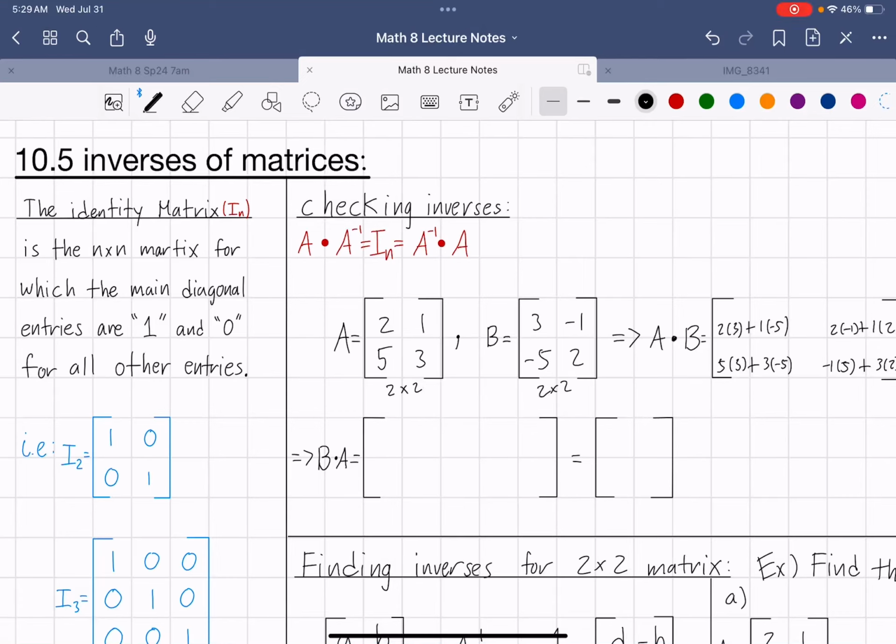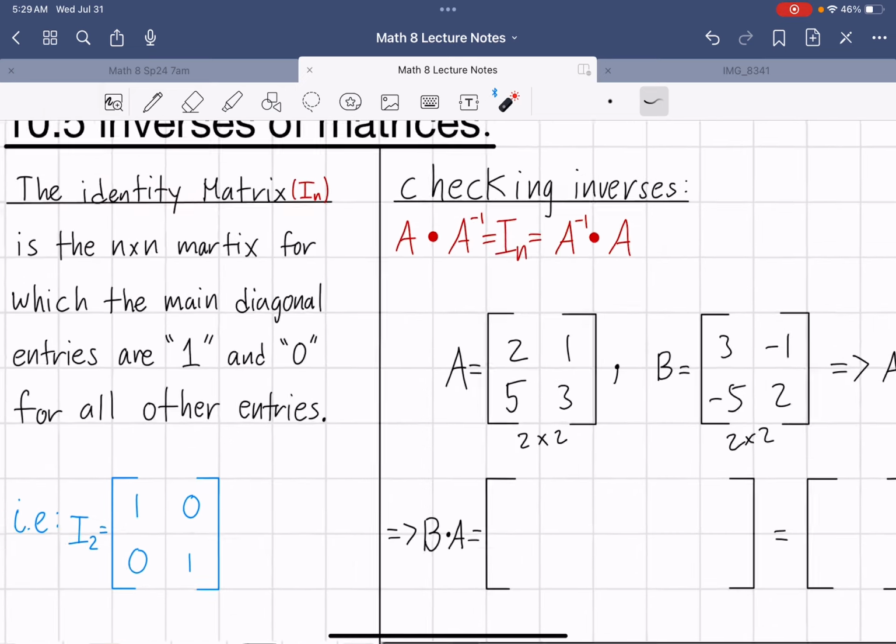Now, coming off the last video looking at multiplying matrices, something that multiplying matrices helps us do is talk about finding the inverse of a matrix, right?